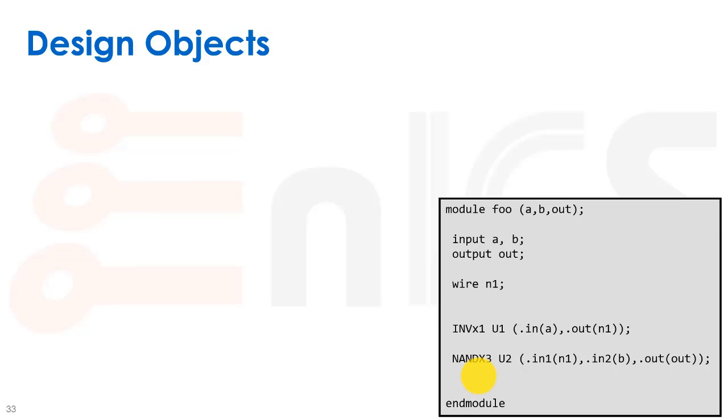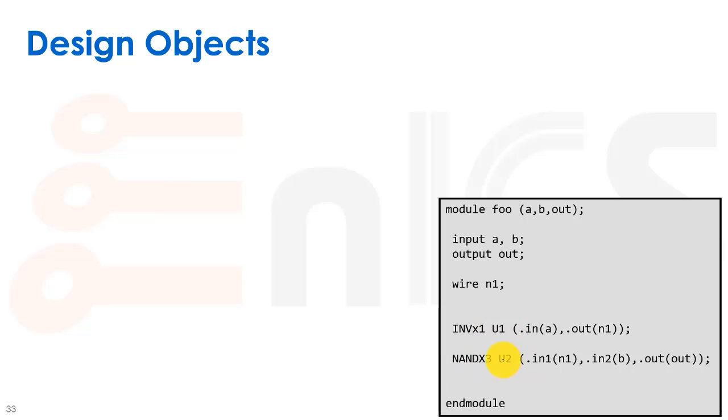Another point is what are known as design objects, and here there's a difference between how Synopsys and Cadence do it, so I will just go over it shortly. Here we have some sort of a Verilog module called foo with input ports A, B, and out. A and B are inputs, out is an output. We also have an internal wire called N1. Inside this, we have instantiations of two standard cells, INV_X1 and NAND_X3.